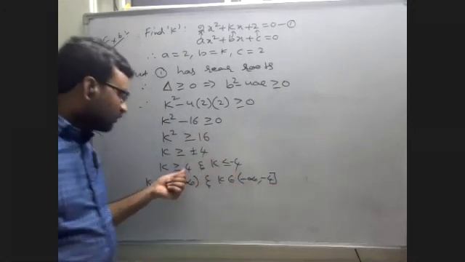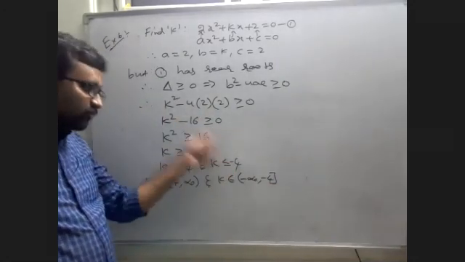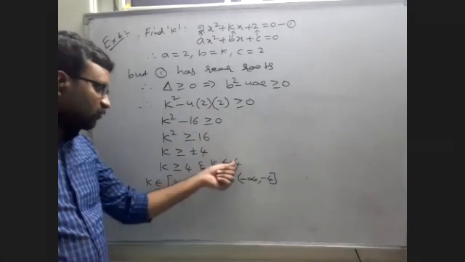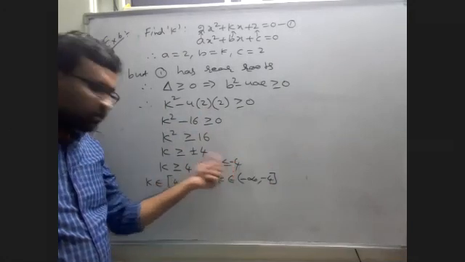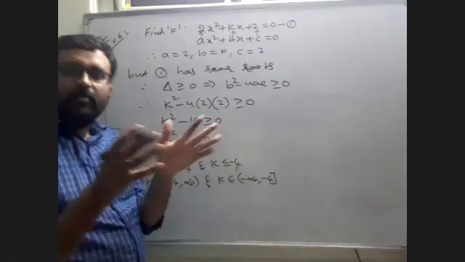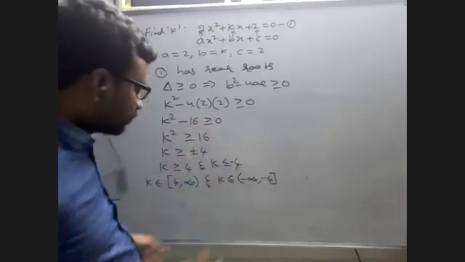After 4 exists, before minus 4 exists, and the values between minus 4 and 4 do not exist.